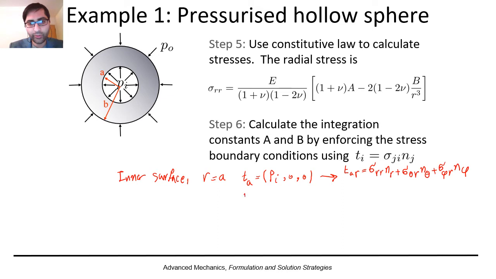For the normal vector to the inner surface, it is along the radius but in the opposite direction. So that's basically n of a. Note that this is again along the radius, and in the same direction for the normal vector of the outer surface.